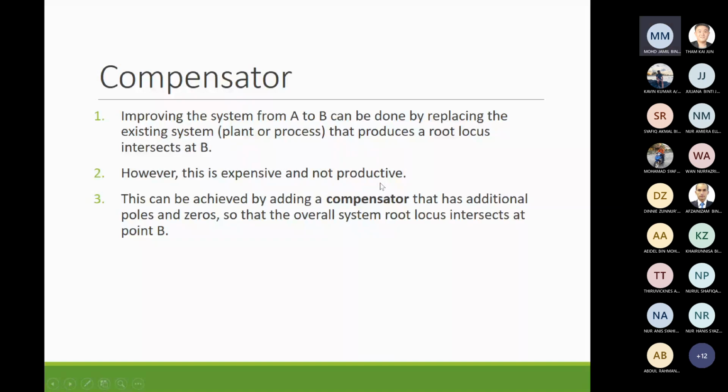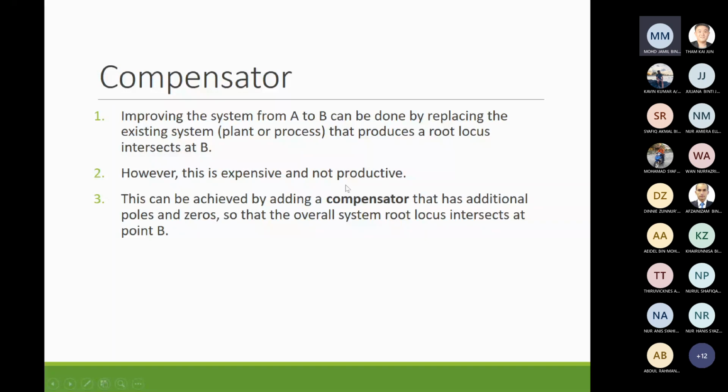For example, in an environment like a power plant, or in designing robotic control, removing the plant or process is like creating a new robot so that it behaves like point B, or creating a new power plant so that it behaves like point B. So this is very expensive and not productive.